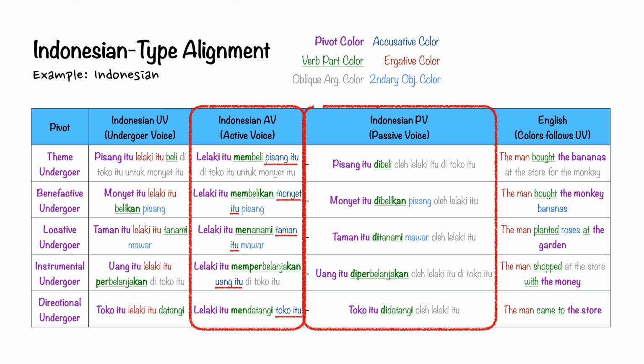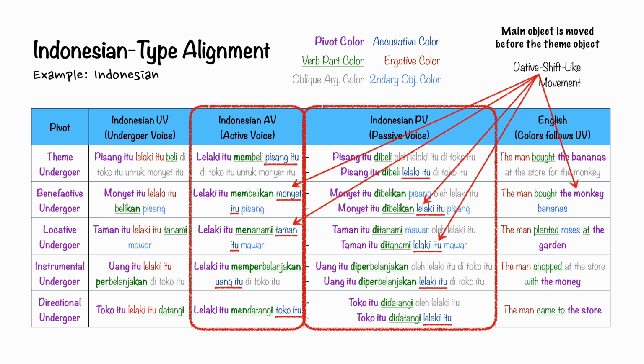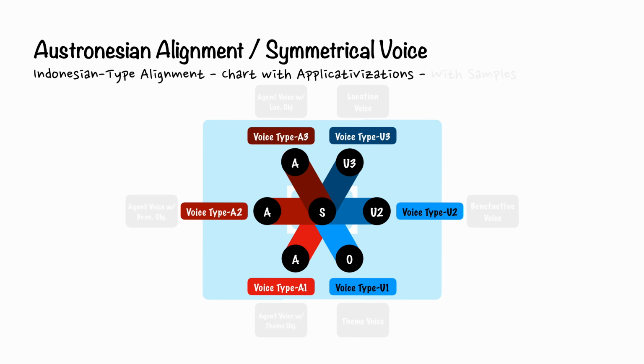Furthermore, Indonesian-type languages feature an additional passive voice similar to English, specific to each type of object. One notable difference is that the Indonesian passive voice can embed the agent directly as an object-like argument, rather than as an oblique or non-core argument. This makes the morphosyntactic chart look like this.